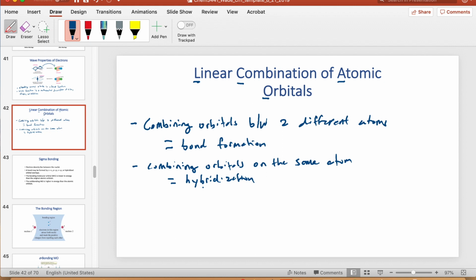And the addition can happen in two ways. You can have a constructive or destructive addition, because we're talking about the addition of waves. So they can cancel each other out or they can add together, right? Waves that are in phase add together.